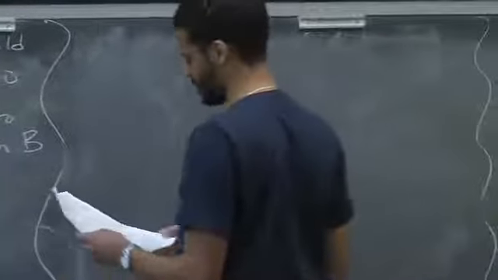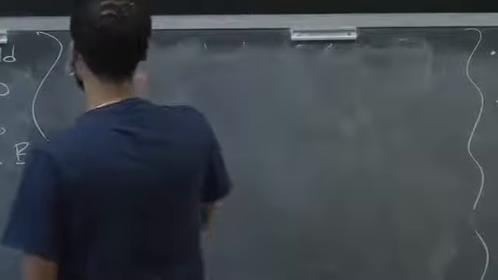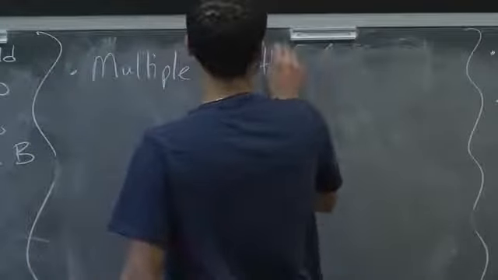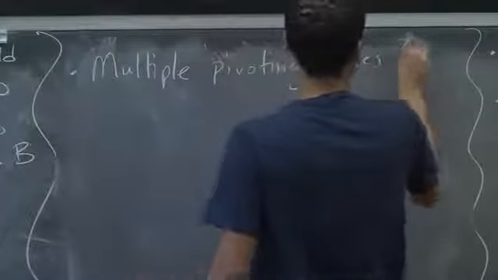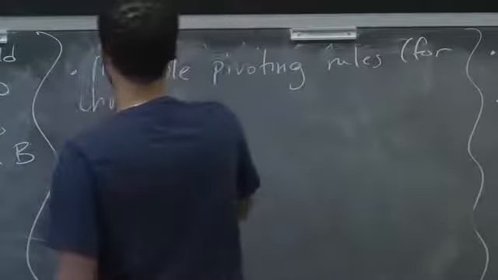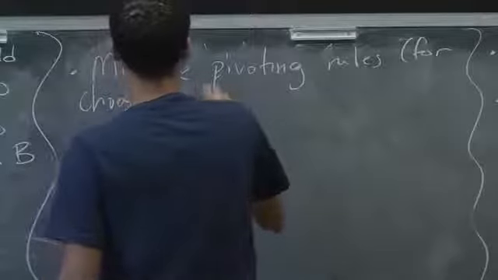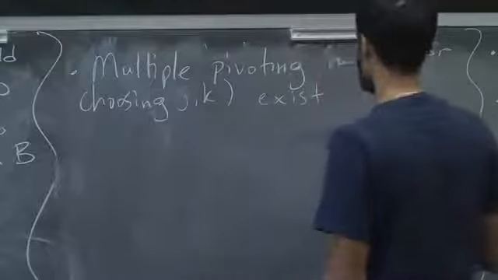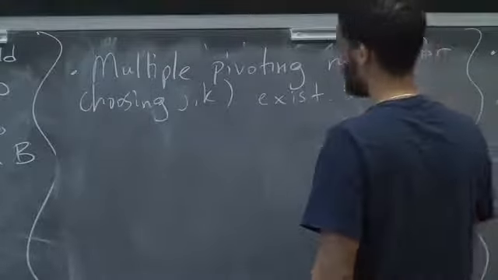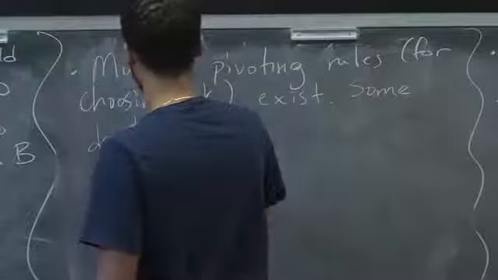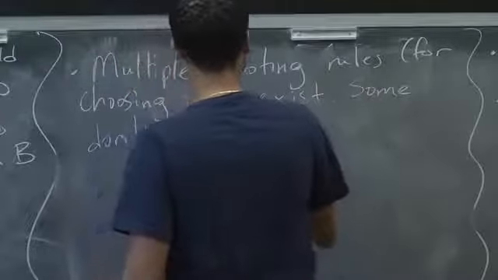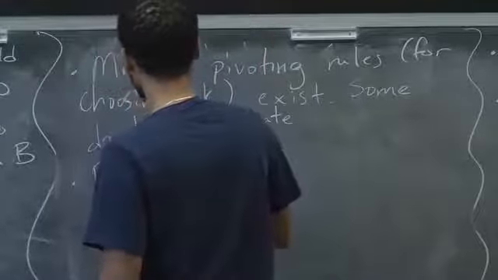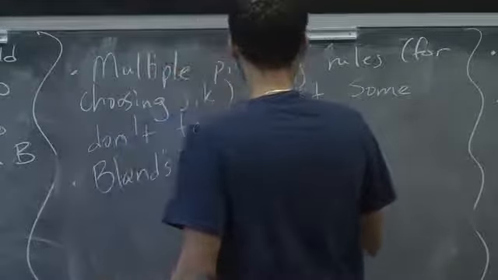this thing is called Bland's rule. Multiple pivoting rules for choosing j and k exist. Some don't terminate if you're not careful, but Bland's rule terminates.